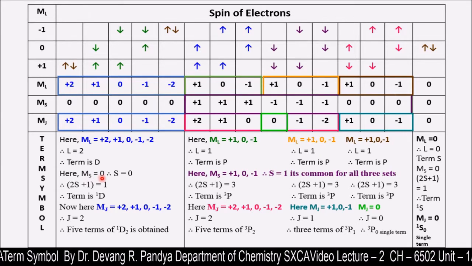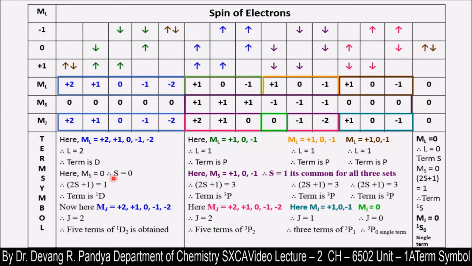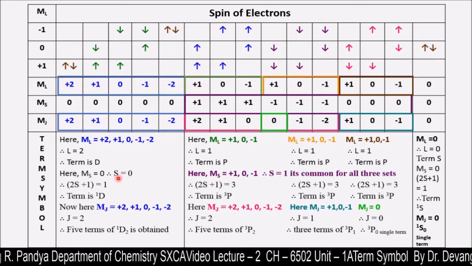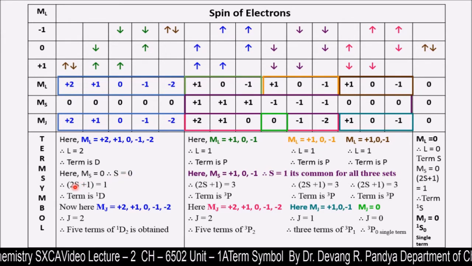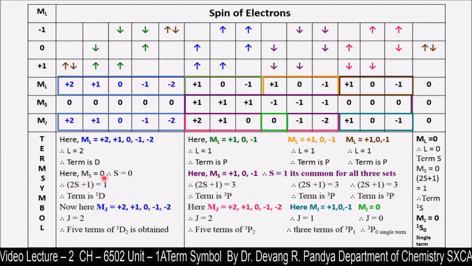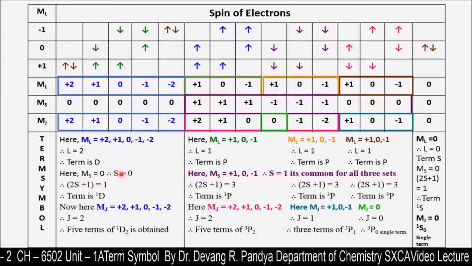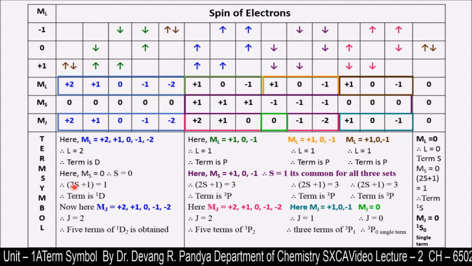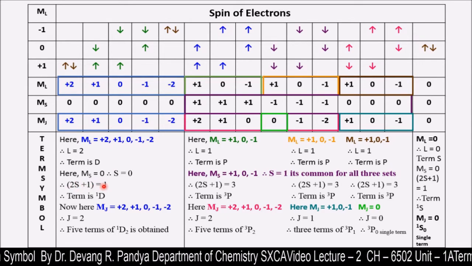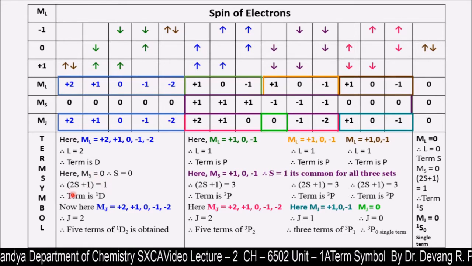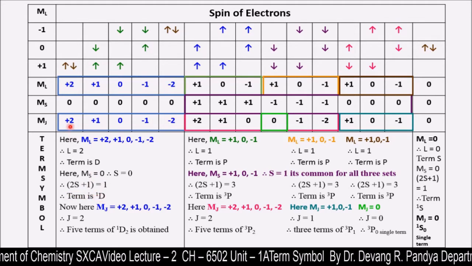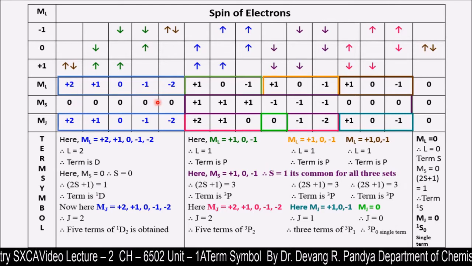As a result, this resultant spin angular momentum quantum number, capital S, is going to be 0, and if that value is 0, then in the spin multiplicity equation, where we substitute this S value, 2S plus 1 is going to be 1. That means it is going to be singlet. So the term is considered as singlet D for all these 5 arrangements.